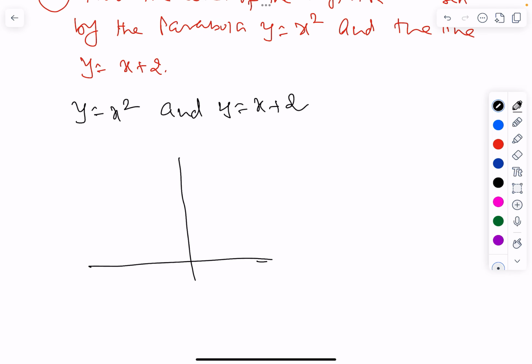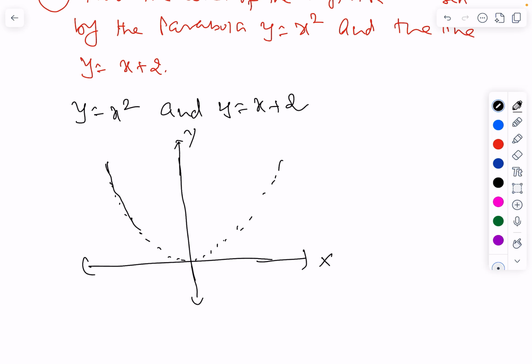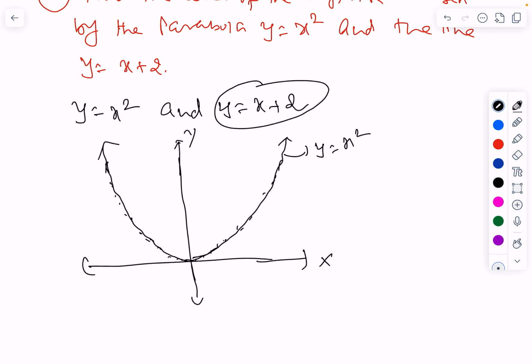So we have the curve y equal to x square. So this is a parabola that we have, y equal to x square, and y equal to x plus 2 line.